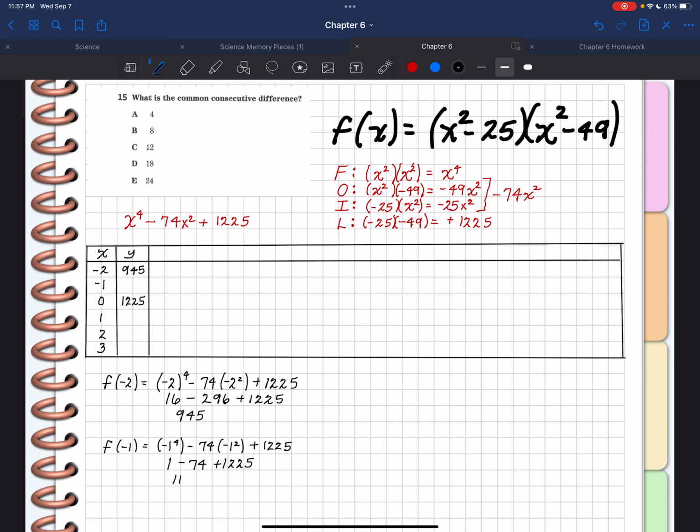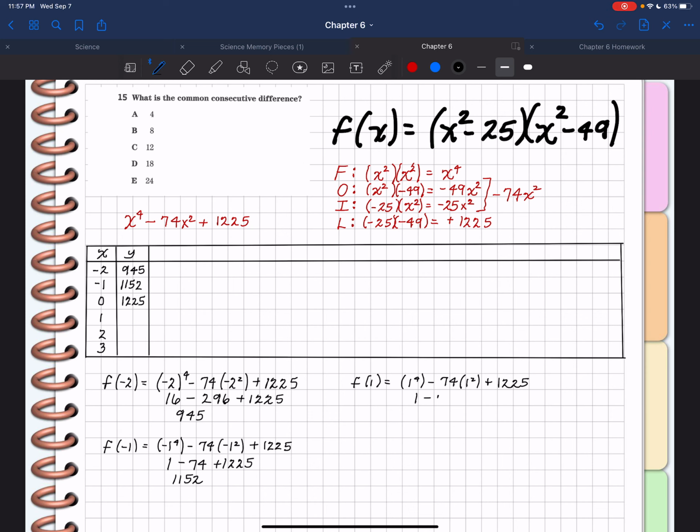And that is 1152. Then f of positive 1 is going to be 1 to the 4th power minus 74 times 1 squared plus 1225.